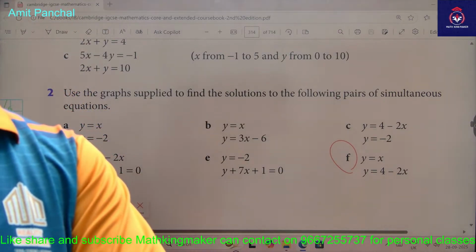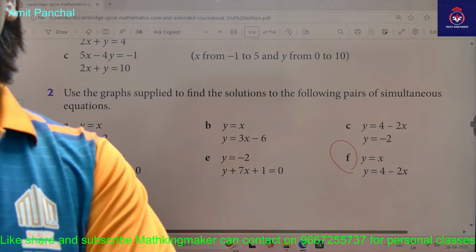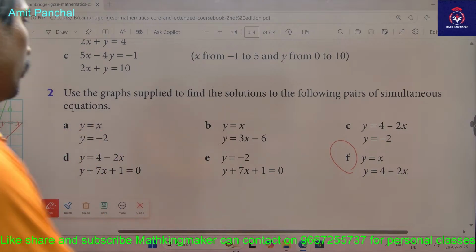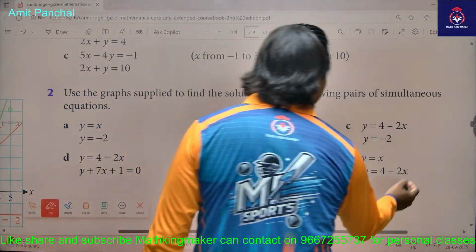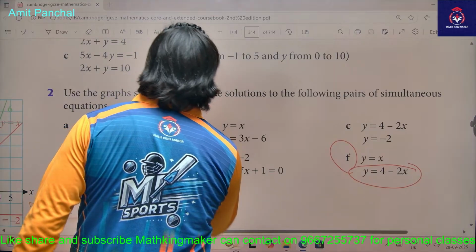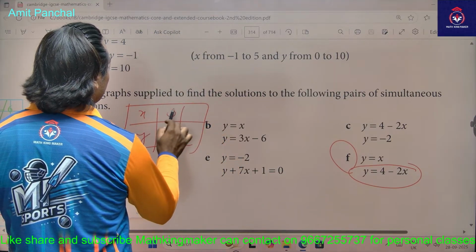So it is y equal to x. Okay, that is y equal to x, and another one. What points have you taken for y equal to 4 minus 2x? I did x is 0 and y is 4, and then x is 2 and y is 0.